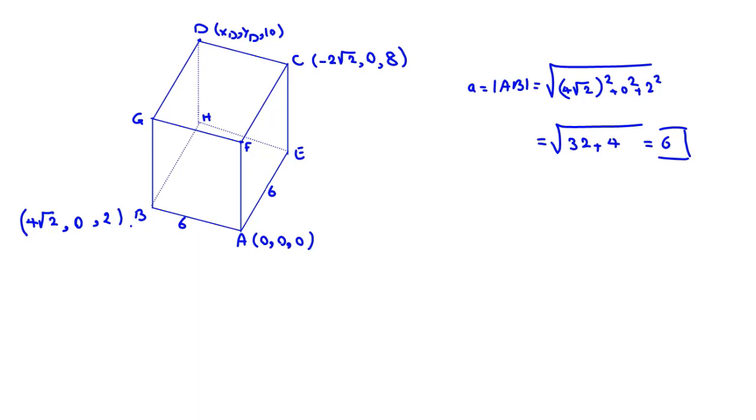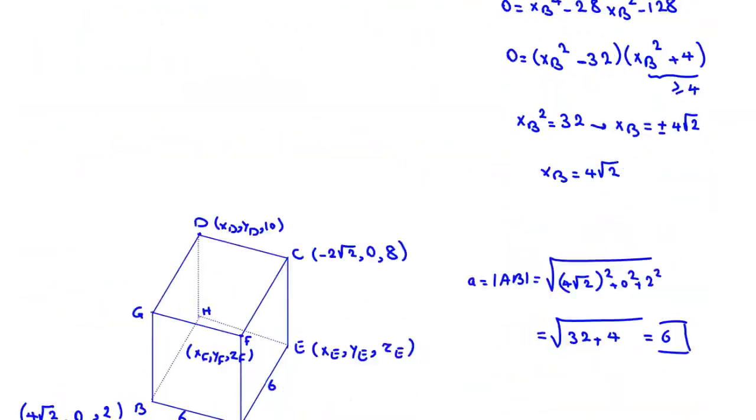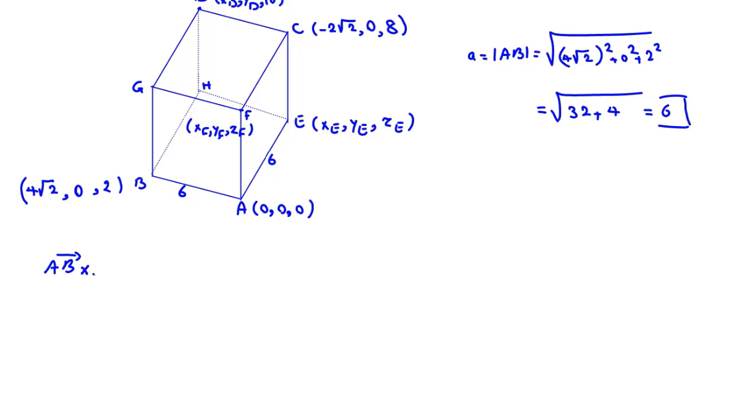Now, okay, we found A, we found B, we found coordinates of C. Now we want to find coordinates of E and F. For E, we consider xE, yE, zE. For F, we say it is xF, yF, zF. And then you can say by the right hand rule, AB cross product AF equals AE.